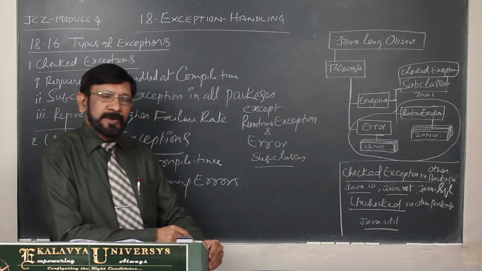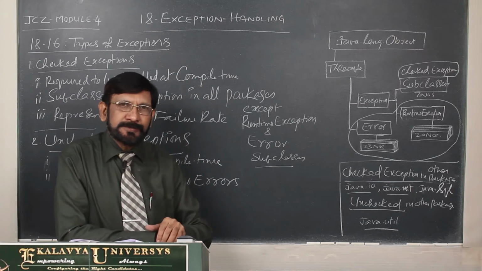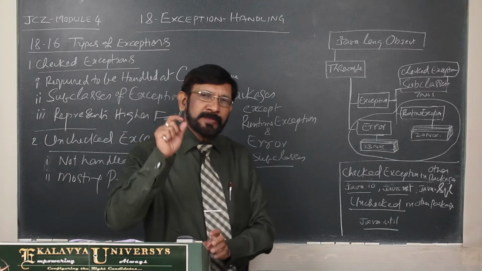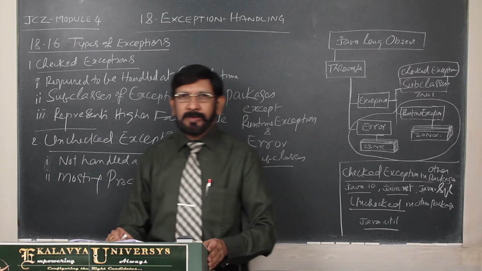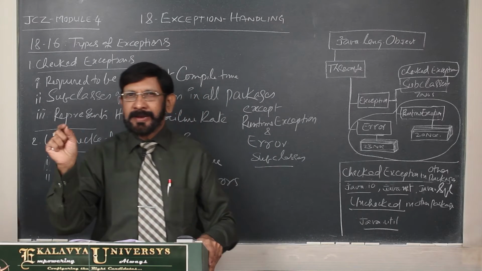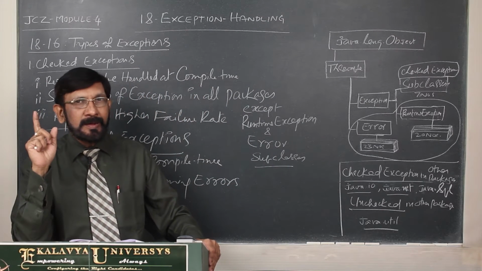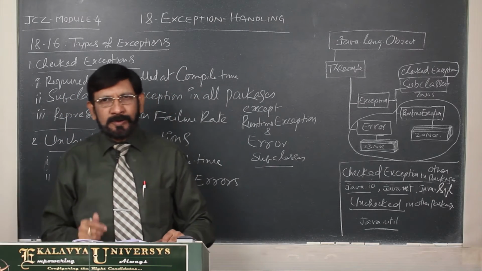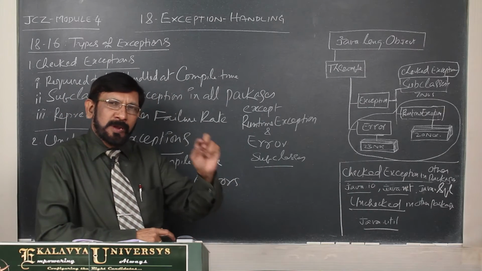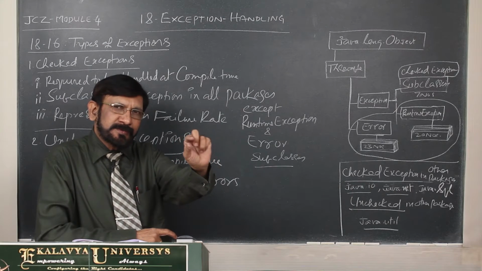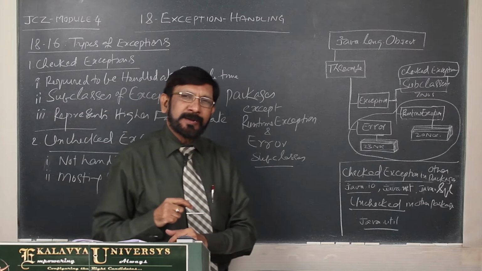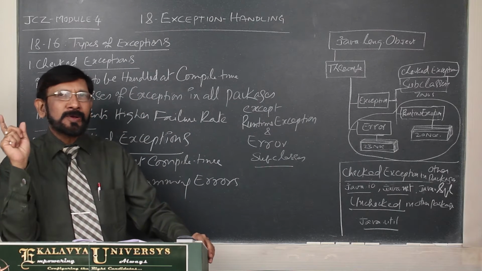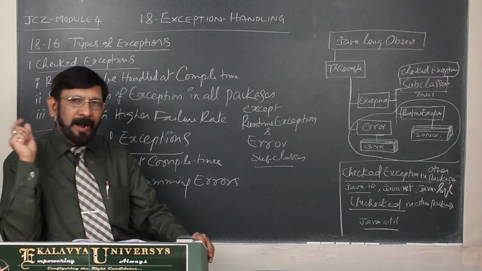Suppose you have created an array list with 100 elements. To represent the last element, you must write list[99], but not list[100]. By inadvertence, ignorance or negligence, the programmer writes the expression list[100], and it leads to an ArrayIndexOutOfBoundsException.